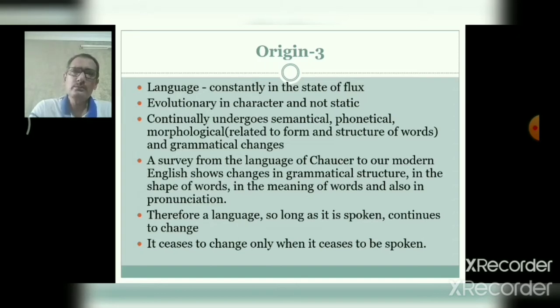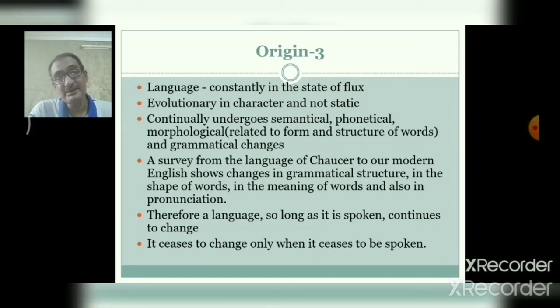Now, what do we understand about the condition of language in the flux of time? As I told you earlier, language is never static.